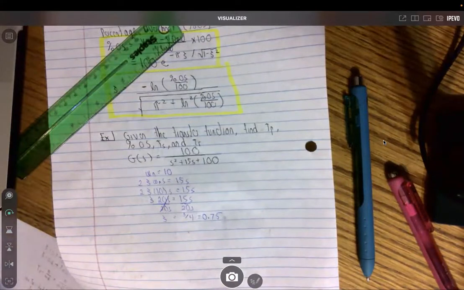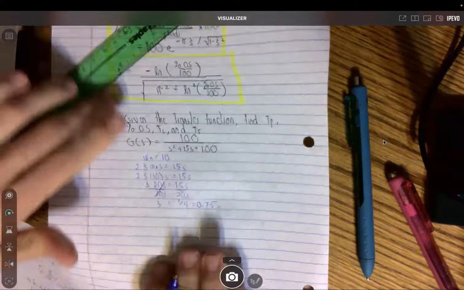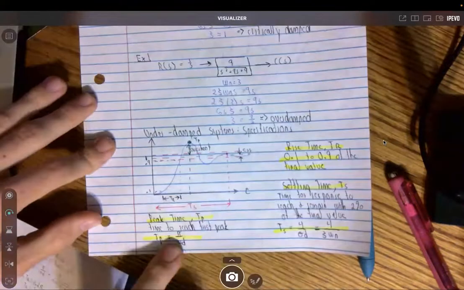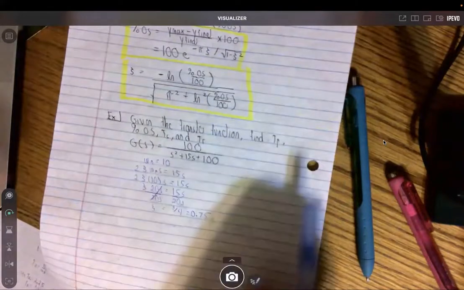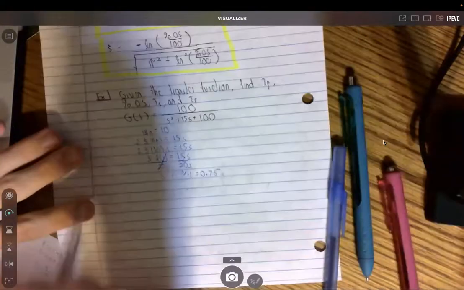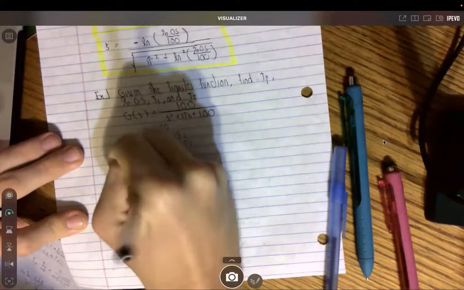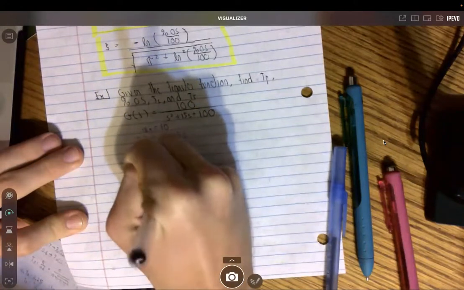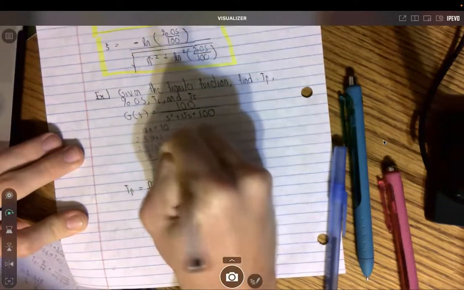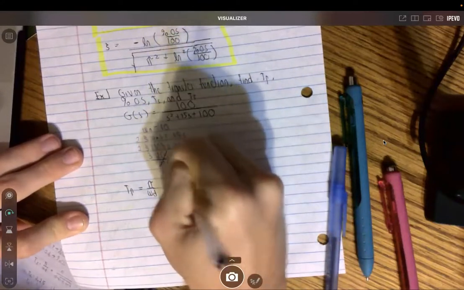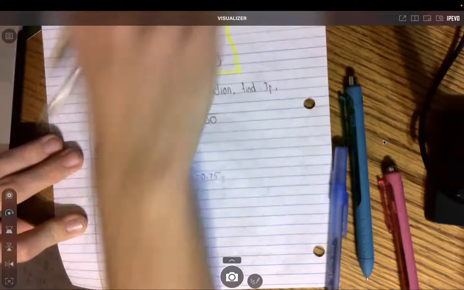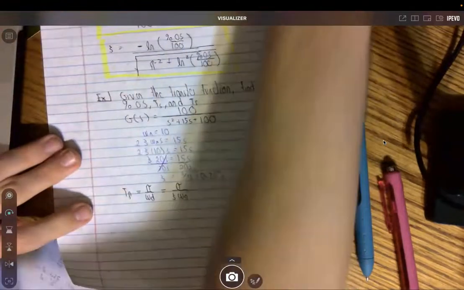Now we have to calculate the peak time. Remember, peak time is given by pi over omega d. So our peak time is equal to pi over omega d, which is equal to pi over, and then remember omega d, if you recall from when we were defining the second order system.